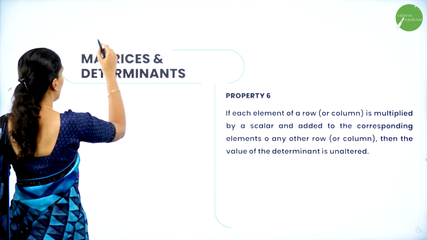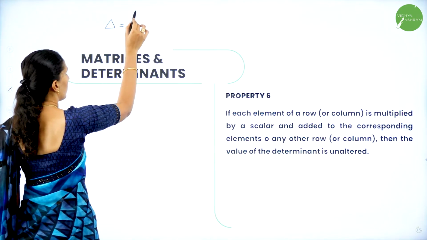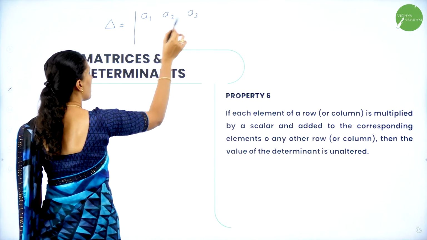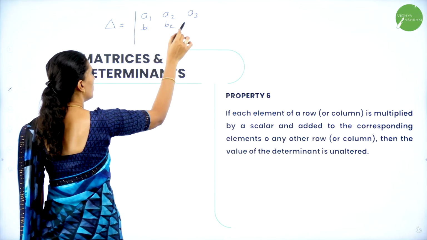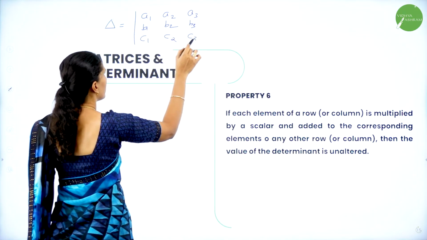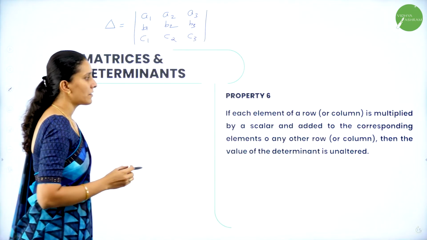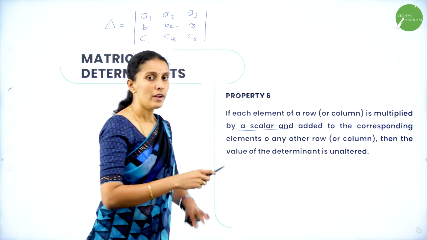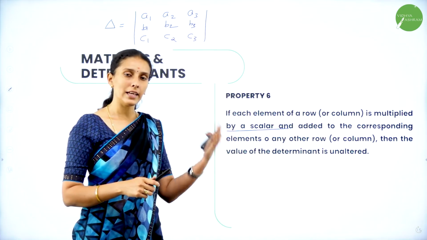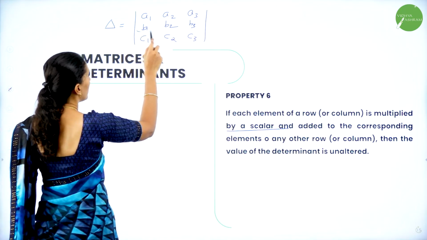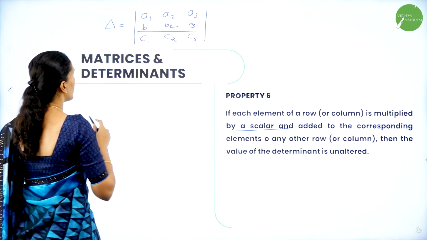Let me take delta equal to a1, a2, a3, b1, b2, b3, c1, c2, c3. They have said you have to multiply a scalar to any one of the rows and add it to any other row. So let me multiply k to the second row and add it to the first one.